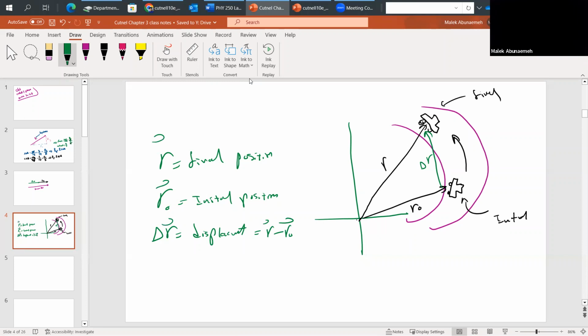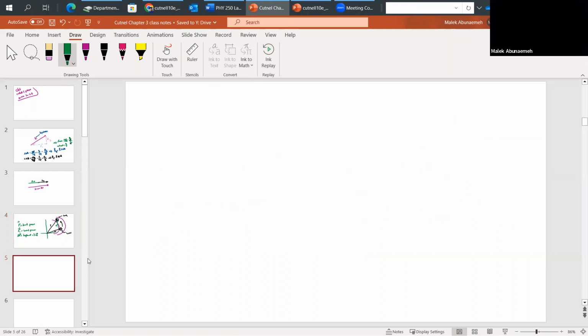Well, if we have a vehicle that's going with a displacement delta R, that means that vehicle has an average velocity, V. So you go V average, which is going to be your average distance divided by your average time. Now we define the velocity itself as displacement over time.